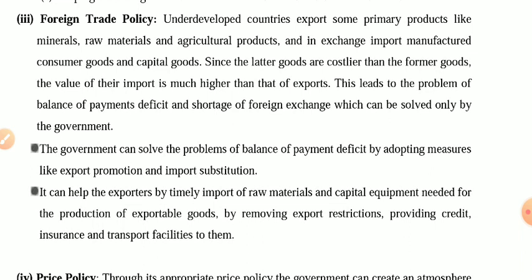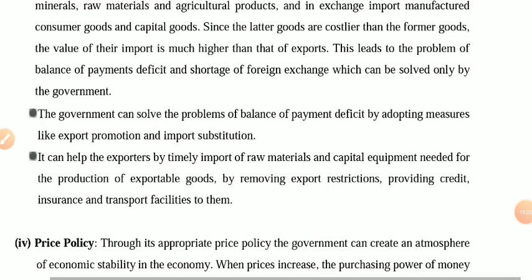Balance of payment is basically a statement made by the government of the country, and this statement shows our revenue and expenditure, from where we took our foreign exchange, and where our foreign currencies go. All these are recorded in the balance of payment. So the government has to maintain the foreign trade policy to sort out the problems related to balance of payment.